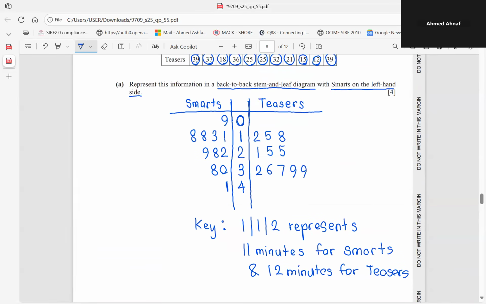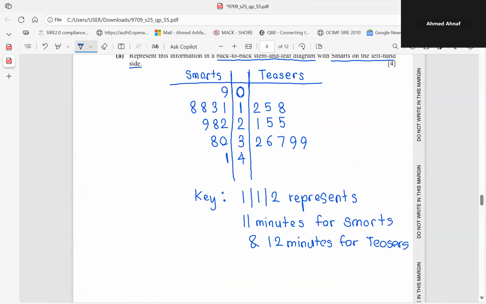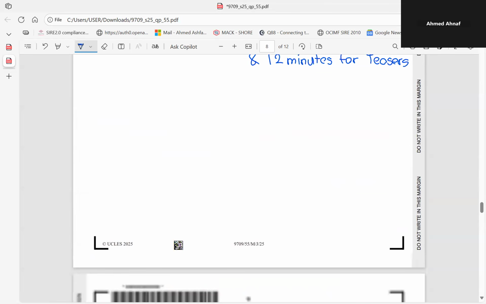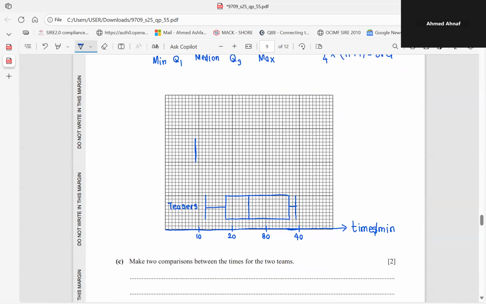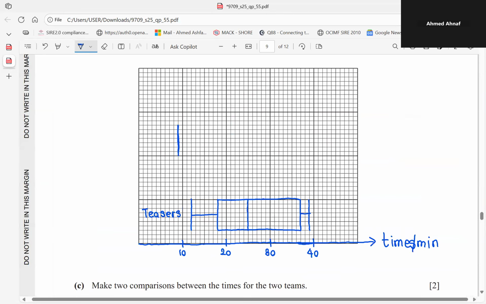So in this case, that's 11 plus 1. So you take the third position, the third data point. So that is 1, 2, 3. So that is 13 for us, for the smarts. So 13 would be 10, 11, 12, 13.